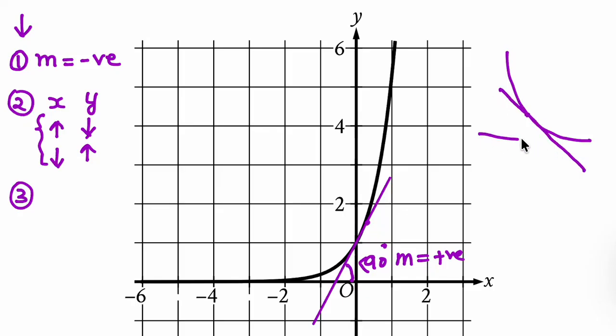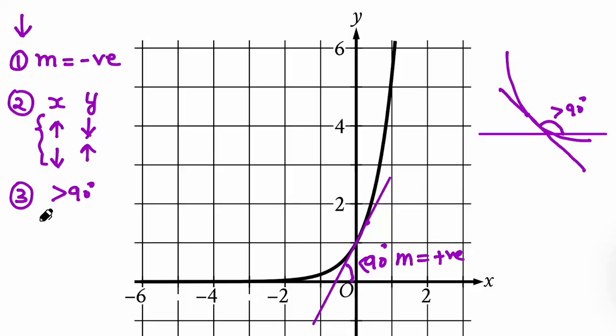Slope is always measured from the right direction of the x-axis. So this angle is greater than 90 degrees, right? So there are three ways. In this case, the angle which the tangent makes is greater than 90 degrees, and we always measure it from the right hand side. So this is for a decreasing function.